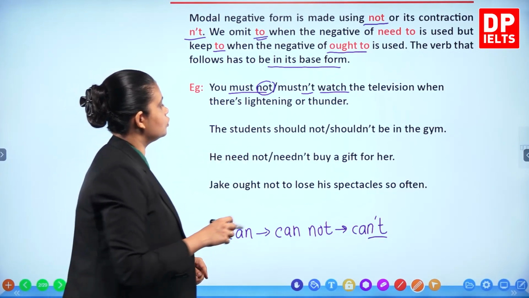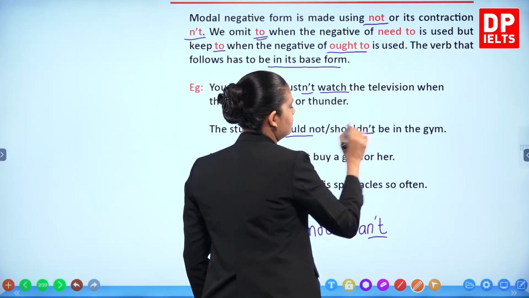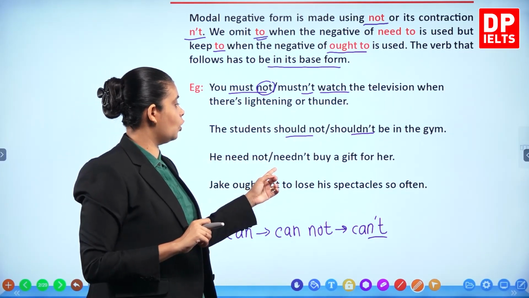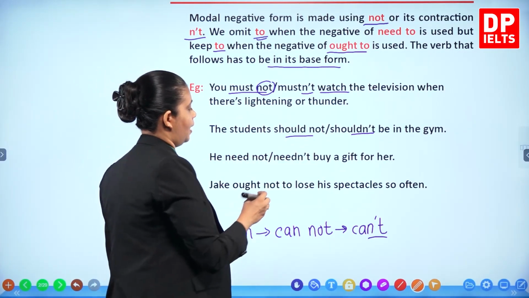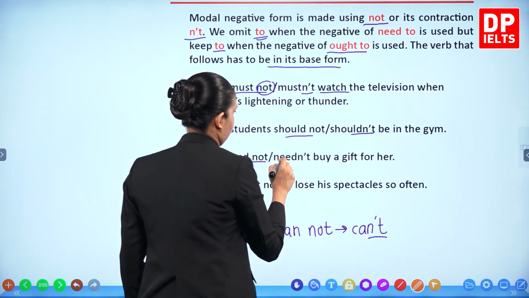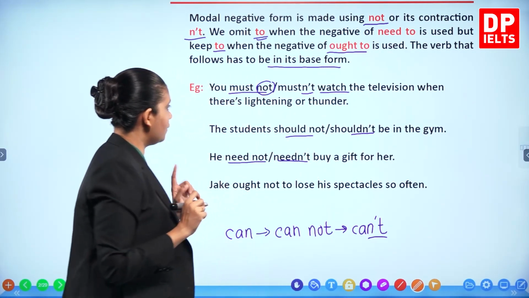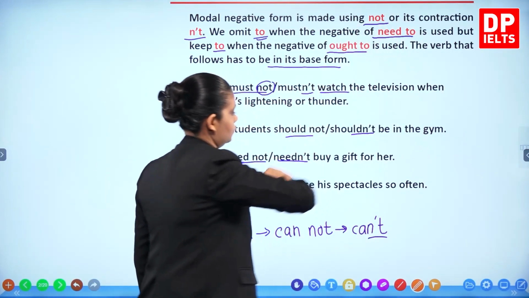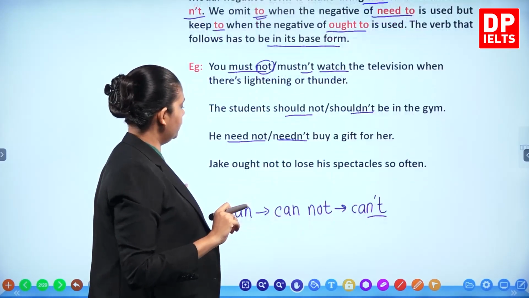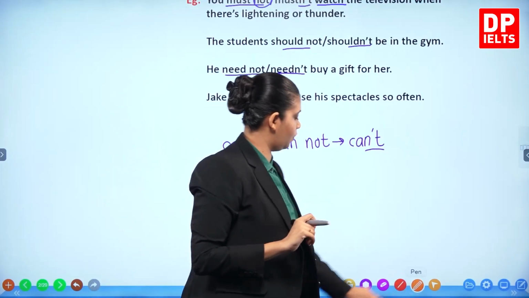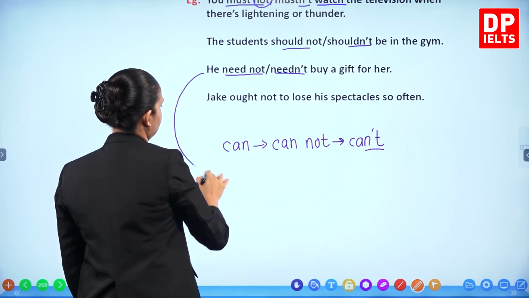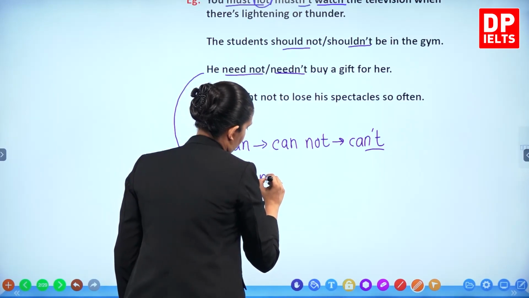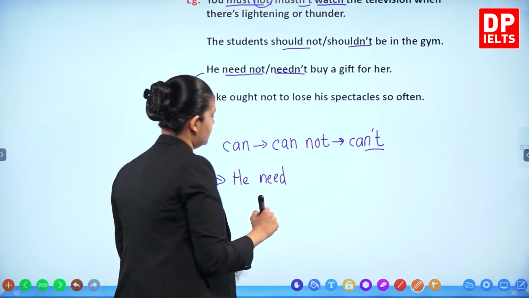The students should not or shouldn't be in the gym. He need not or needn't buy. Now let's have a look at the need to one. If we take the positive form of this sentence, can you say he need?